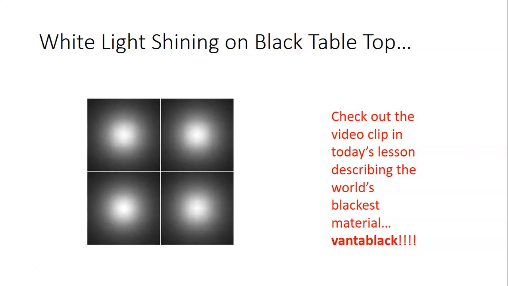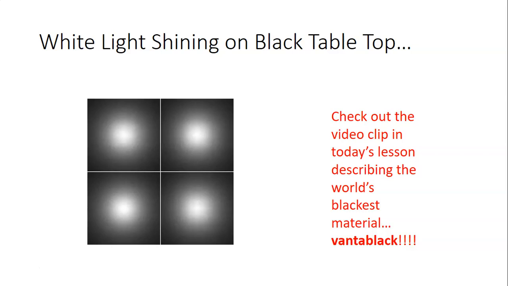It's smooth, it's a little bit lustrous, which prevents all of the energy of white light from being absorbed by the color black in the black Formica of the lab table. But some of the white light is reflected because it's a smooth, lustrous surface. And you can see that it's not a bright light. It's more of a dimmer white light, but you're still going to get a little bit of a glare.